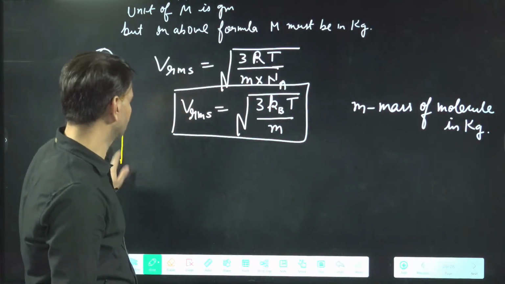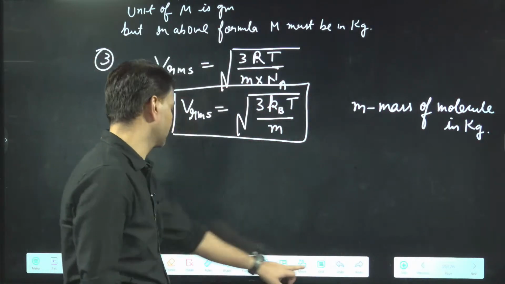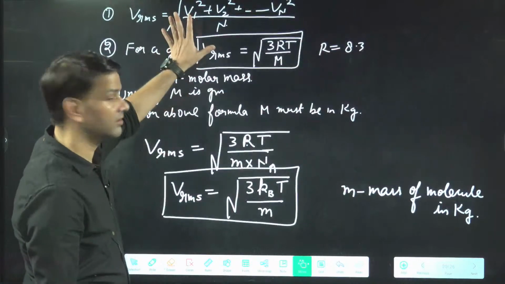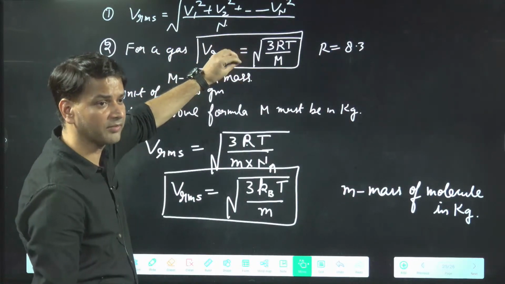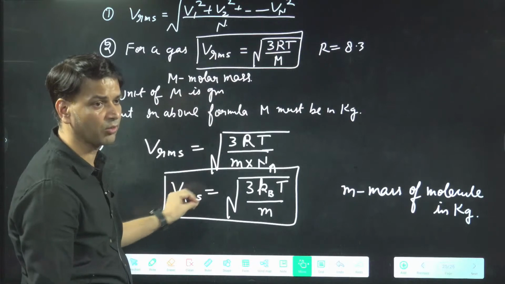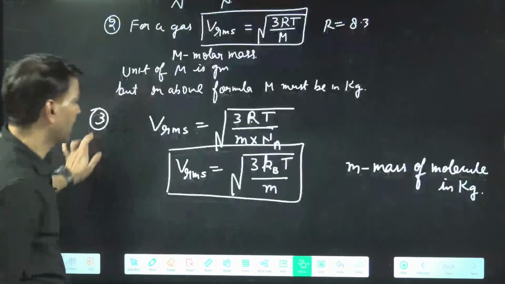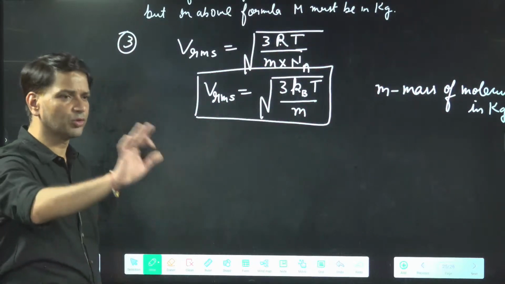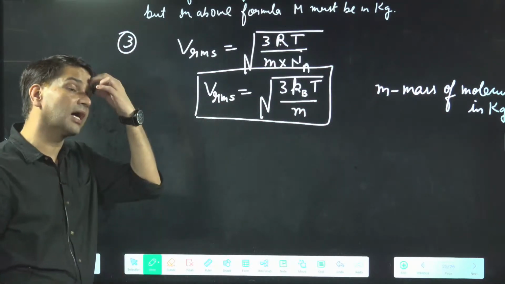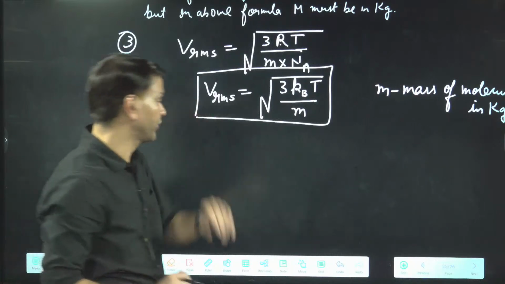Now the RMS formula. How many formulas have we learned for Vrms? One formula is the basic one, under root 3RT by M. If they have given the mass of the molecule, then under root 3kT by m. Another one, which we never use in numerical problems, but if they ask, the RMS speed can be written as follows.